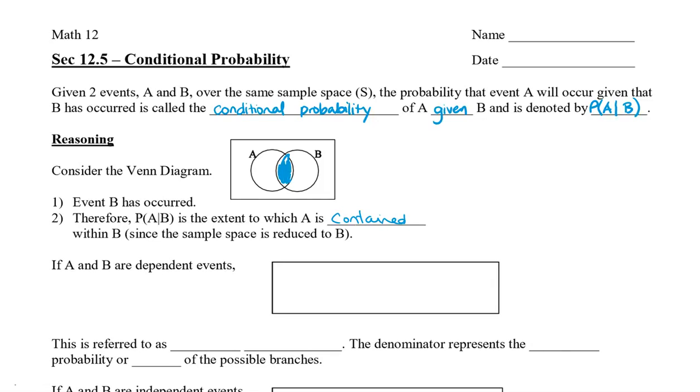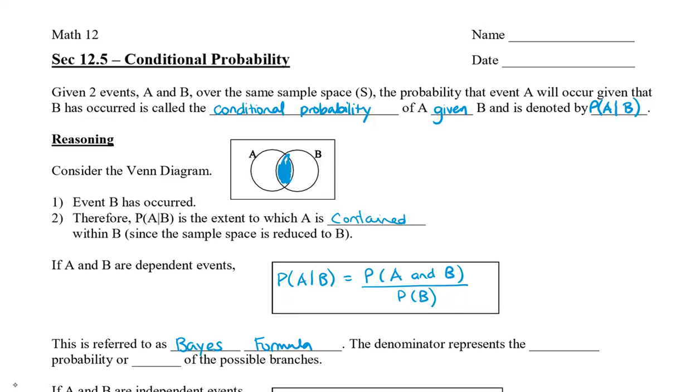So if A and B are dependent events, then the probability of A given B is equal to the probability of A and B, which is that middle part where it's shaded in, divided by the probability of B, because our sample space has now been reduced to B. Now this is referred to as Bayes' formula by a mathematician named Thomas Bayes.